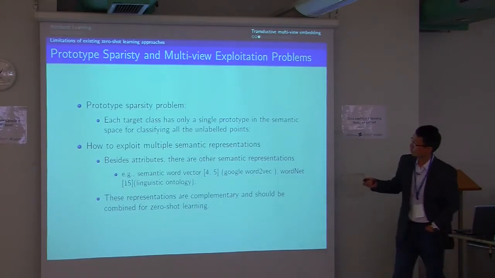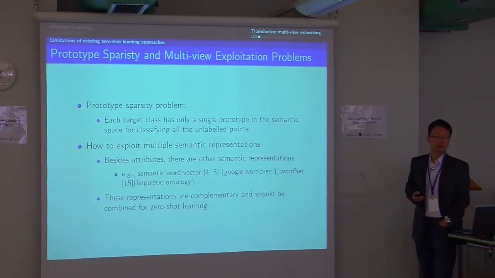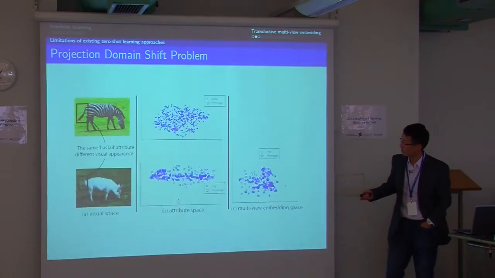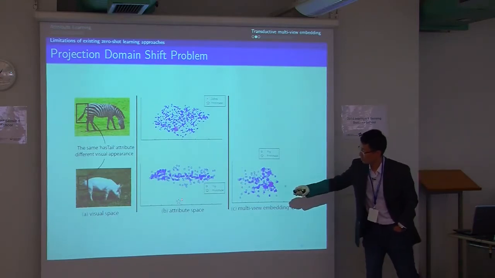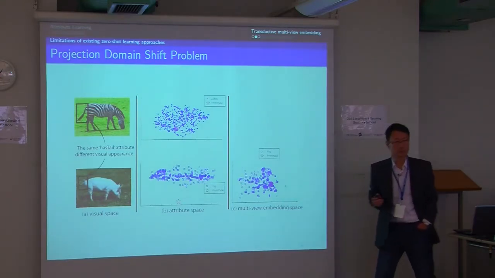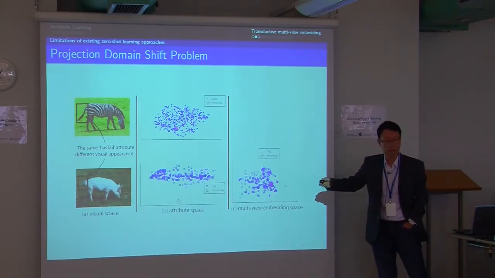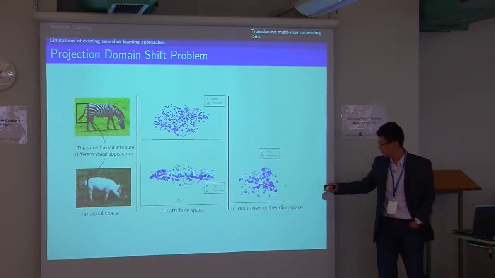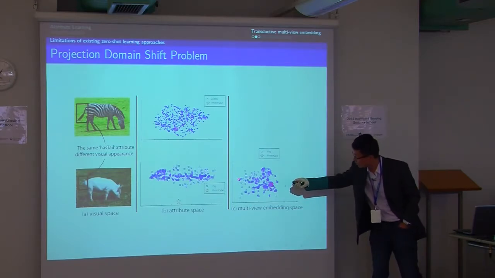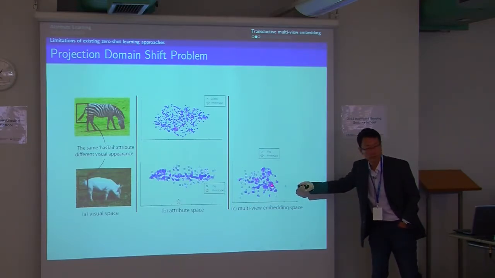The second problem is called the prototype sparsity problem. As we said before, for each class, we have a single prototype point, and we have loads of data belonging to that class we want to recognize. So how can you recognize these points using this prototype?